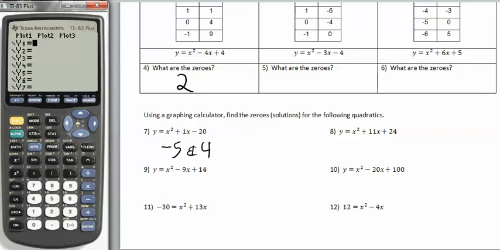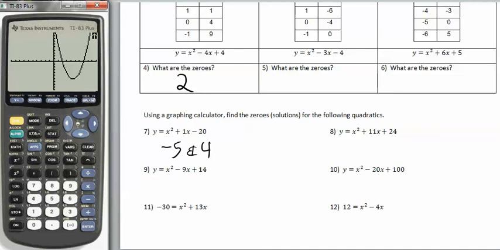So number 9, we do x squared minus 9x plus 14, and we graph it, and it looks like it's going to be 2 and 1, 2, 3, 4, 5, 6, 7, 2 and 7.